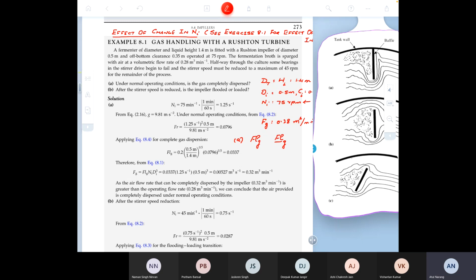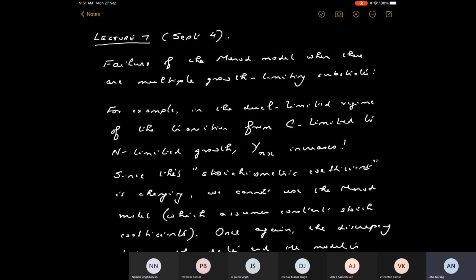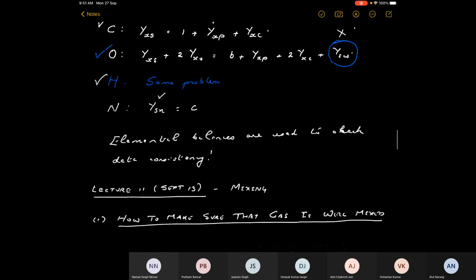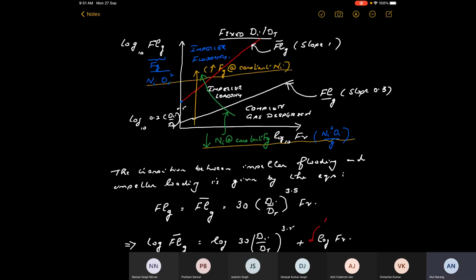And why is that? That's because, go back here and take a look. Basically, it is the value of the flow number relative to the lower boundary that determines whether you are in complete gas dispersion or not. So the first question is saying, are you completely dispersed?